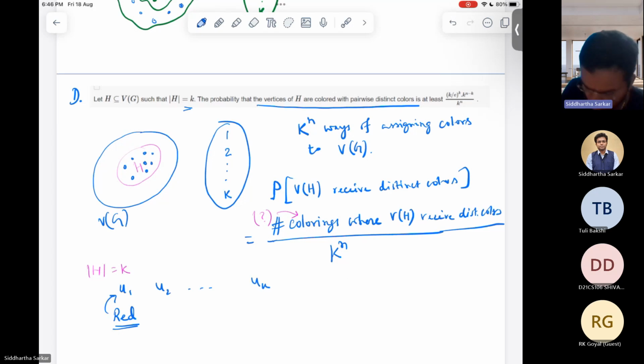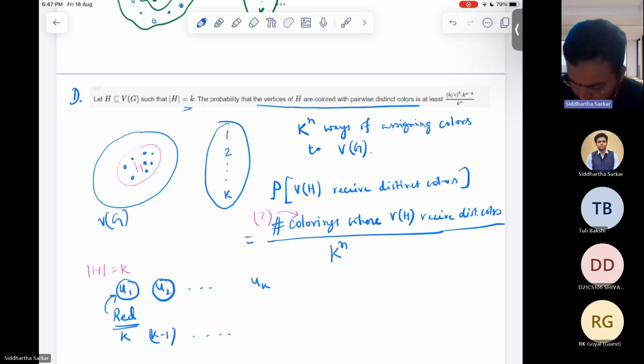So some coloring gave u1 a color. Then for u2, you are left with only k minus 1 colors. In fact, it is the same argument that we have seen in the previous case. So for the first vertex, you have k possibilities. For the second vertex, if you want to make sure that it is not getting the color of the first vertex, you have k minus 1 possibilities and so on. So to make sure that the vertices of H receive distinct colors, there are k factorial ways of ensuring that.